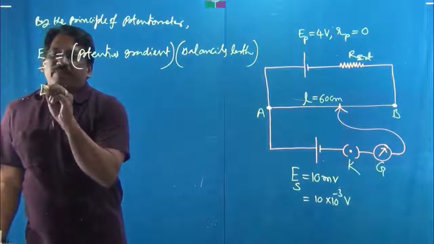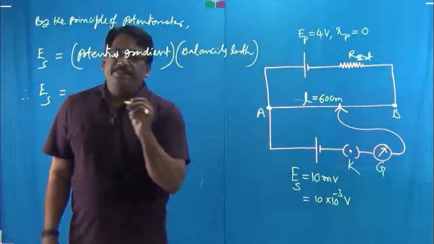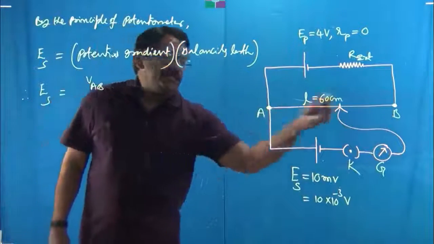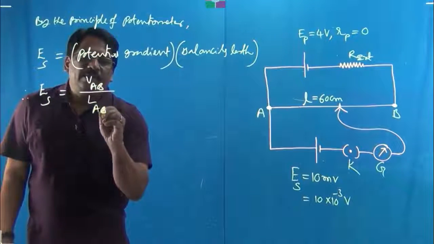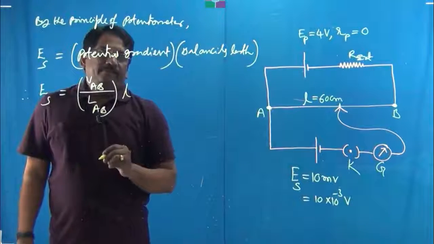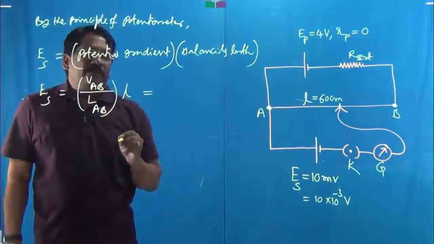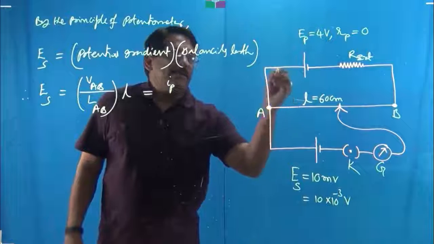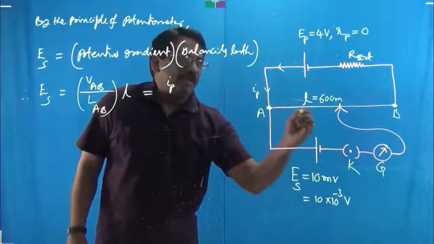Therefore, EMF in secondary circuit equals the potential gradient, which is the V across AB, the potential difference along the wire AB, divided by total length of the wire AB, into the balancing length L. Further, V AB we can write as I primary, because a current I primary, of course the same, now passes through it.